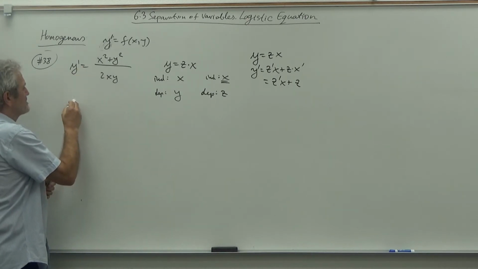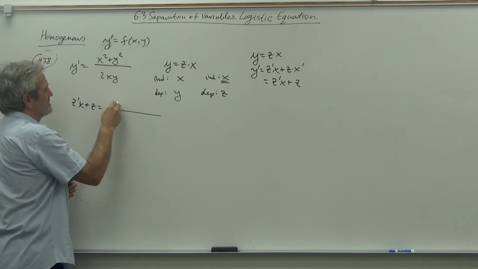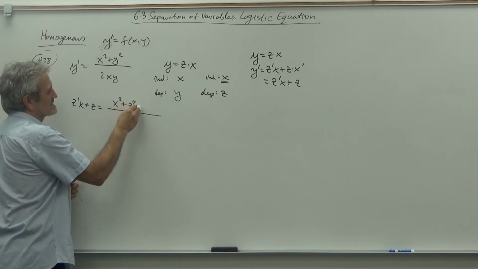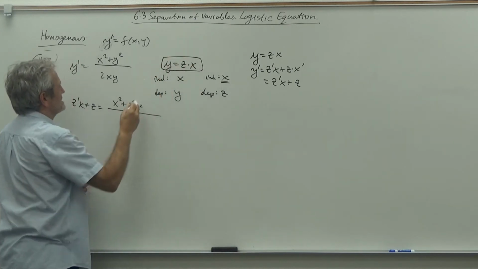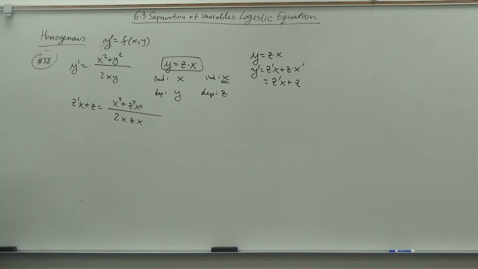So y prime is z prime x plus z equals, and because of homogeneity, look what happens: x will disappear on the right side. We get z squared x squared, because I replaced y with zx, and 2xy is 2zx squared. Homogeneity causes each term to have x squared.